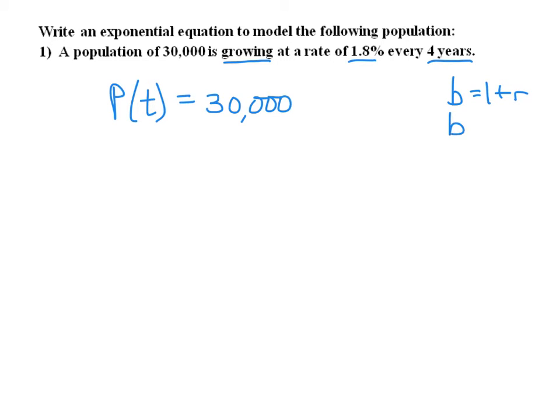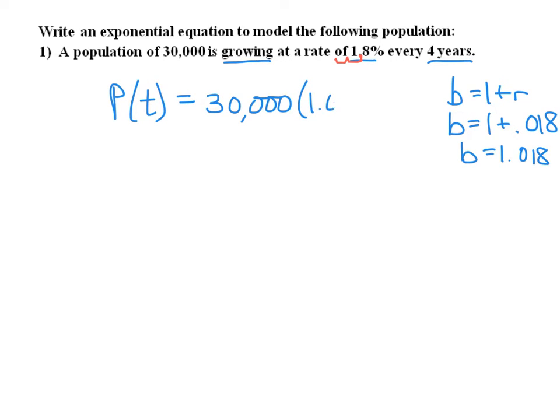Now, since the rate of growth is equal to 1.8%, let's talk about that as a decimal. So now going from percent to decimal, I've got to do exactly the opposite and take my decimal point and go 2 places to the left. So that's going to be 1 plus 0.018. So the B value that I'm going to put into my equation is 1.018.